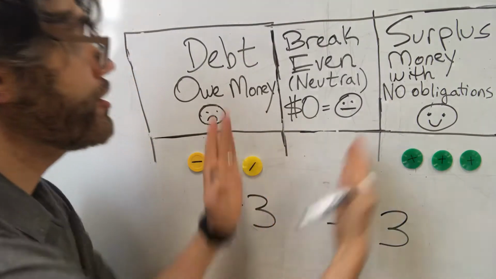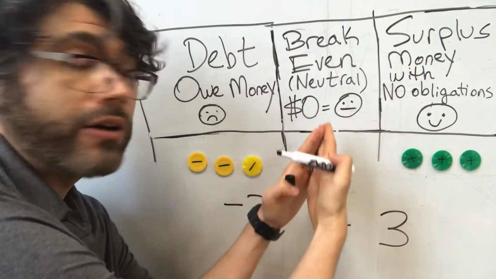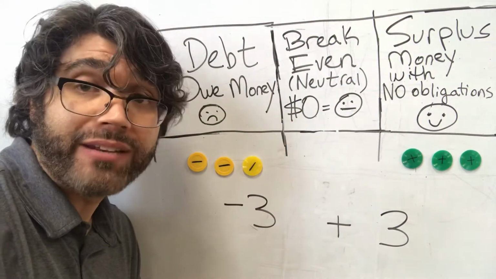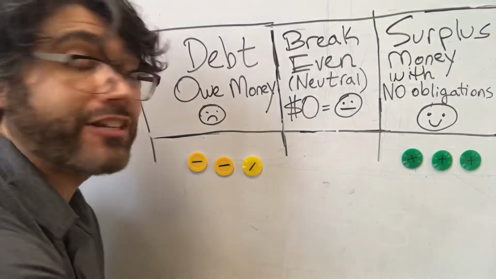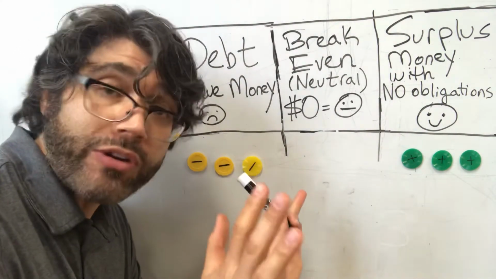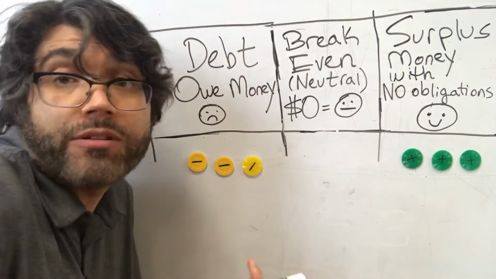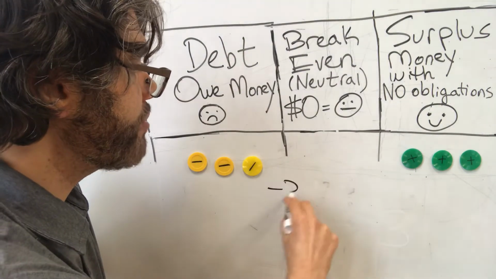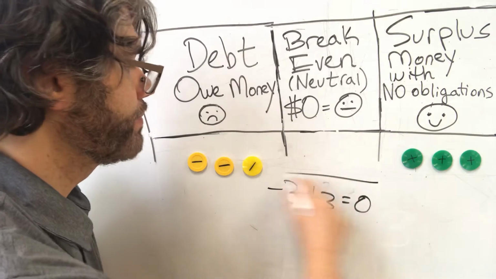And remember, they wiped each other out. They canceled each other out. And so you were left having broken even and not having any cash. But that's okay. Having no cash is not a big deal because now you have the 3 postcards. That's cool. So negative 3 plus 3 equals 0.